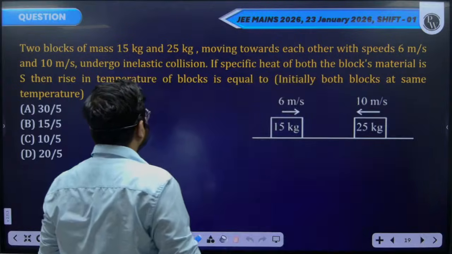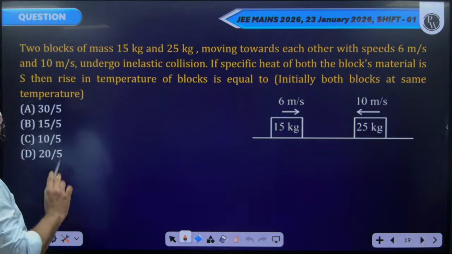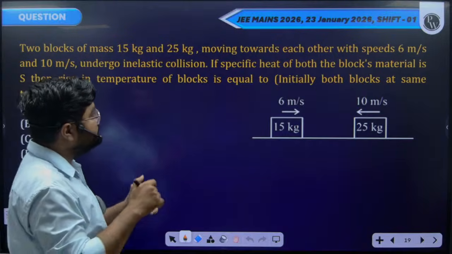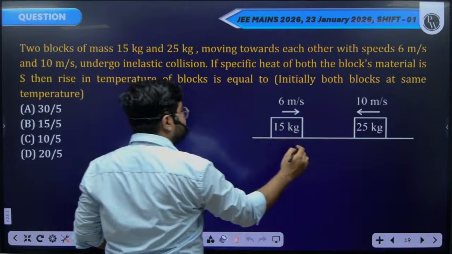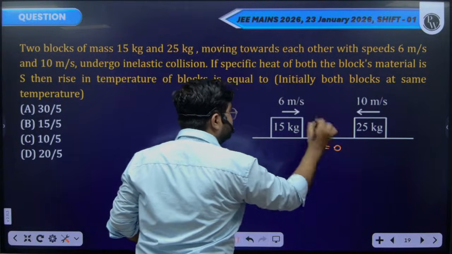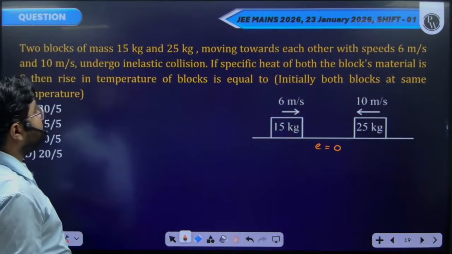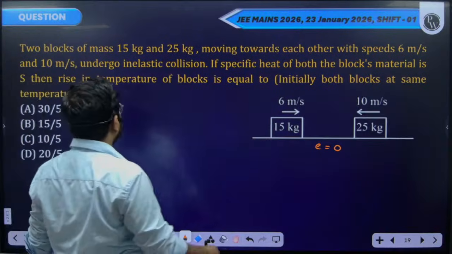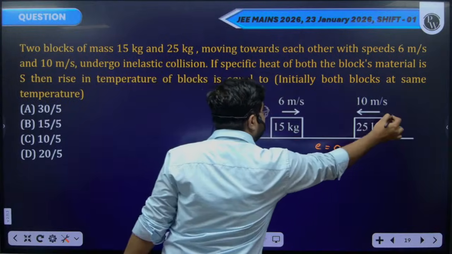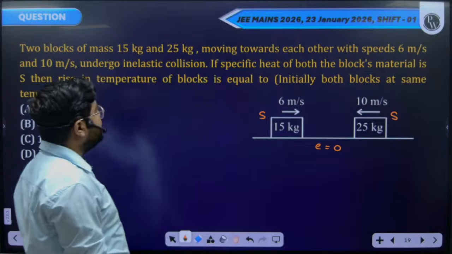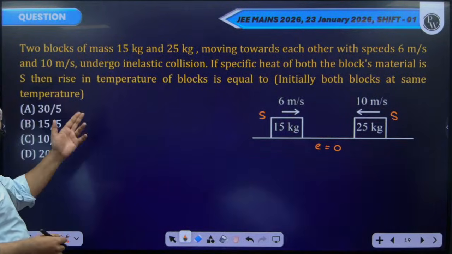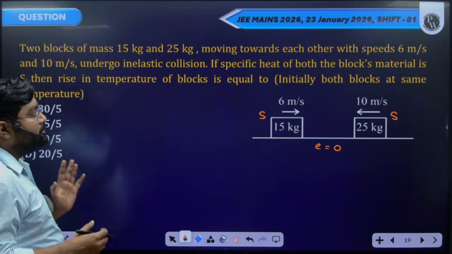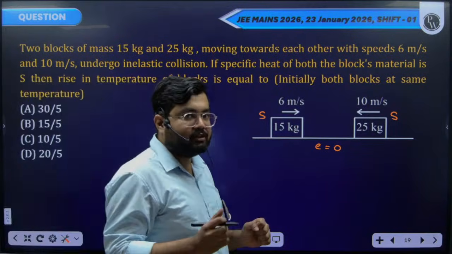So two blocks of mass 15 kg and 25 kg are moving towards each other with speeds 6 and 10. They undergo inelastic collision. So e is 0. Specific heat of both the blocks is S. So the heat loss will go into raising their temperature. How much will the temperature of the blocks rise?